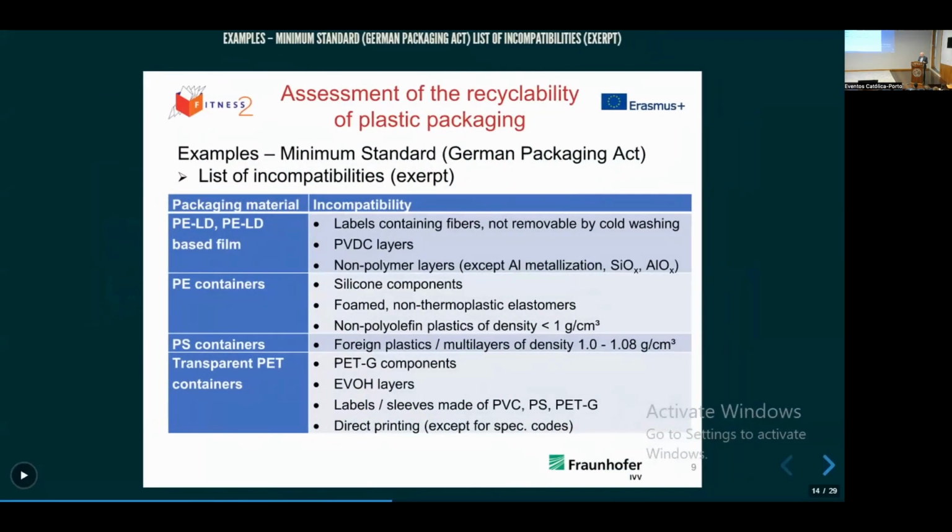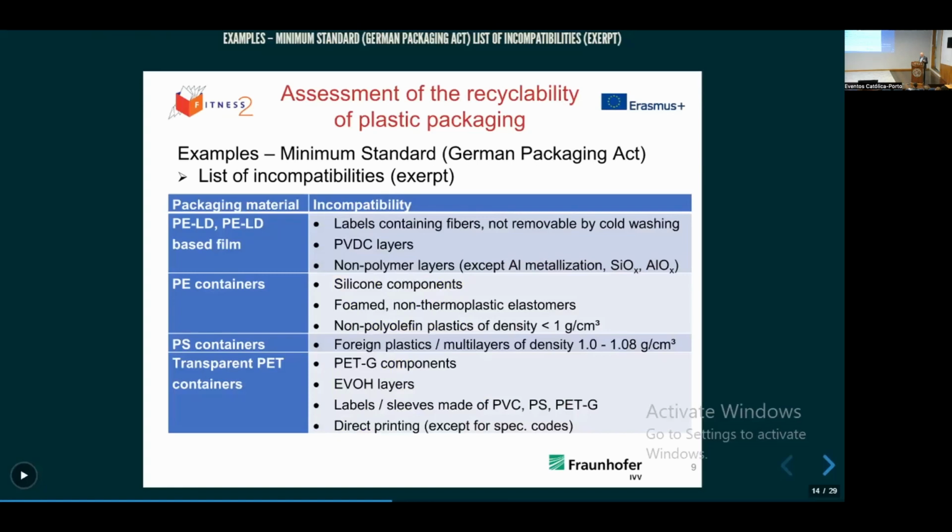Do you find something like applicability in food packagings? No. We have incompatibility lists, which are in the German packaging law. Some examples just for illustration: PVDC layers are ranked as non-compatible, or some silicone components of PE containers. There's a detailed list about this. So it's a negative list.